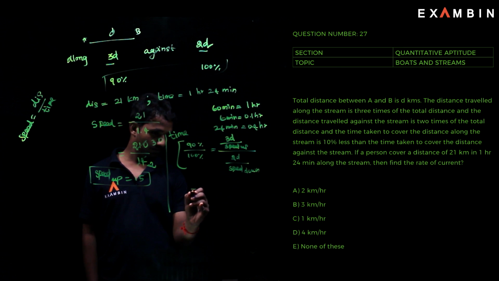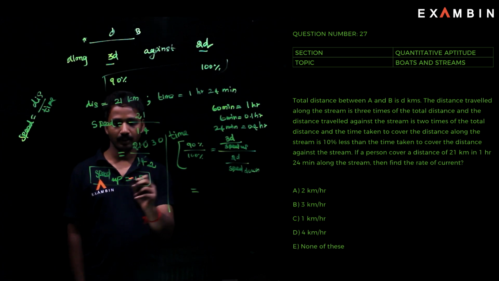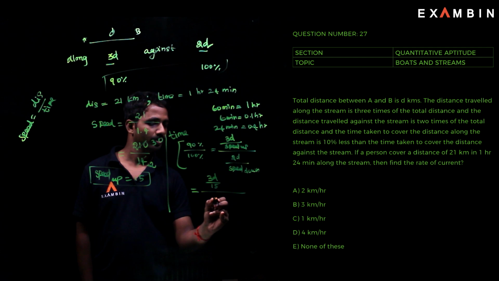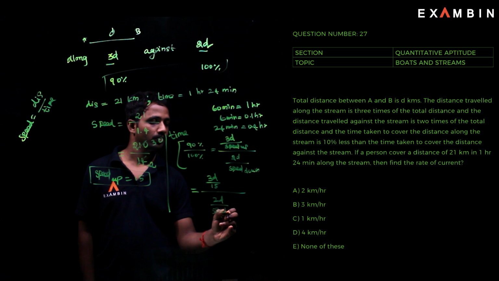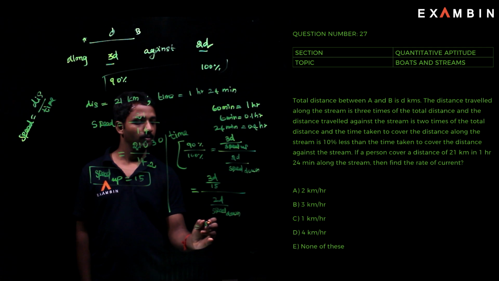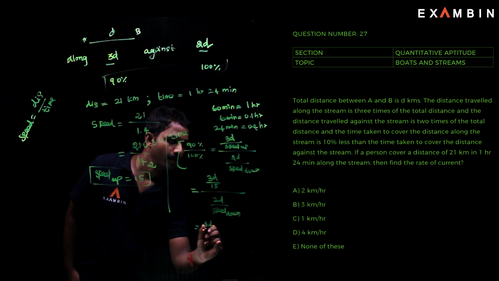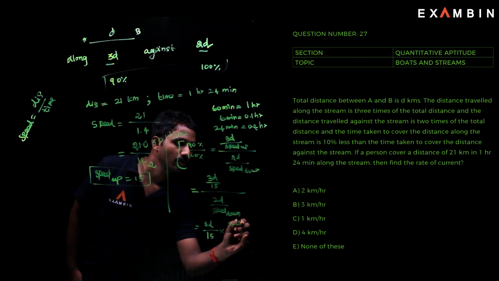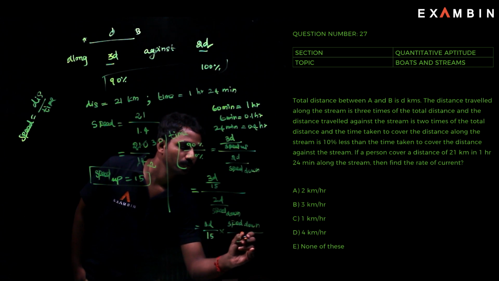Okay, speed up we have calculated 15, 3D by 15 whole divided by 2D by speed down. 3D by 15 into speed down divided by 2.